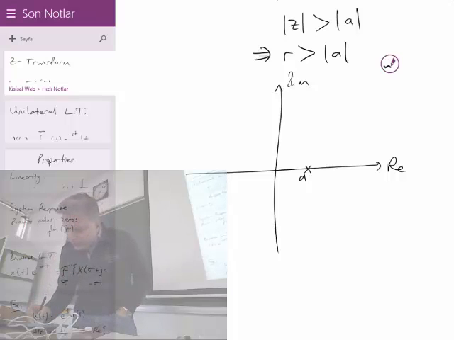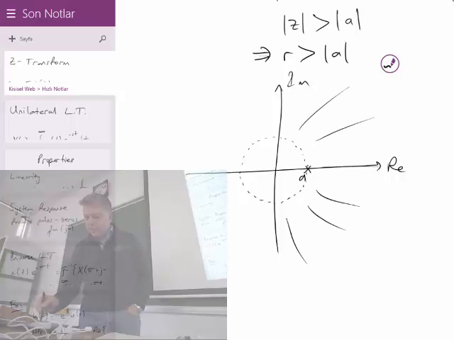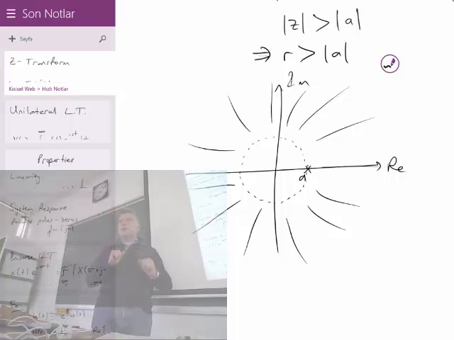So we need to draw a circle. And I'm going to draw it with dashes and dots like this. Radius greater than that is a region out of that circle.